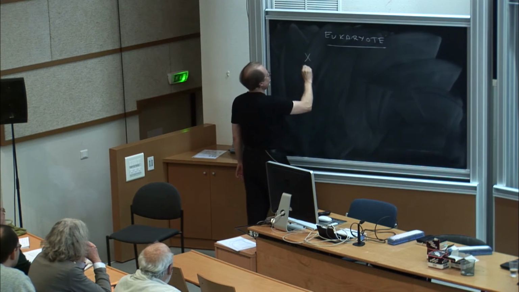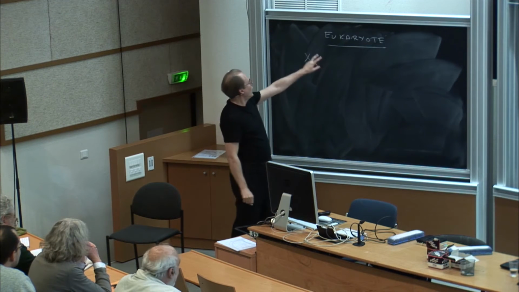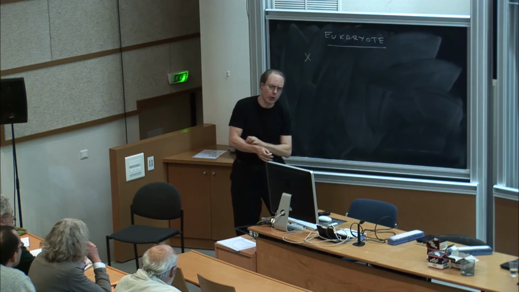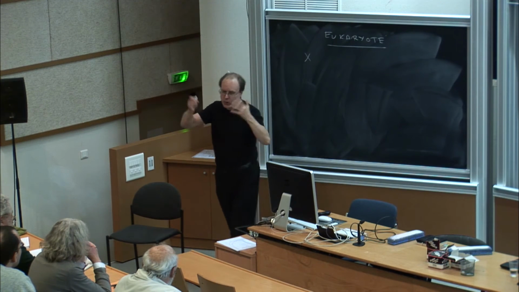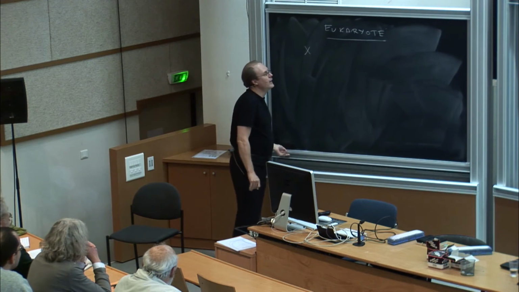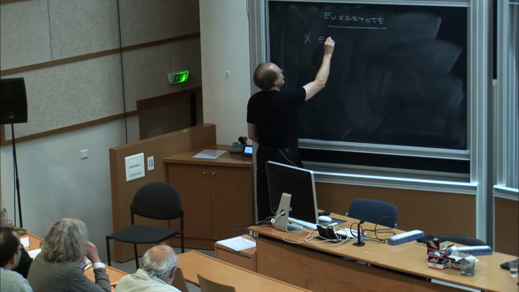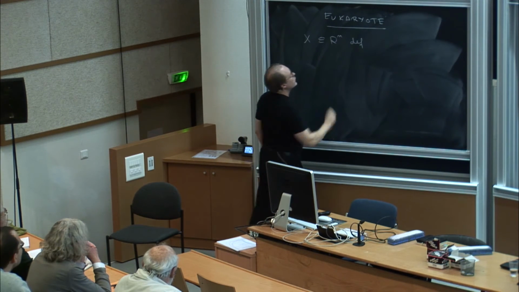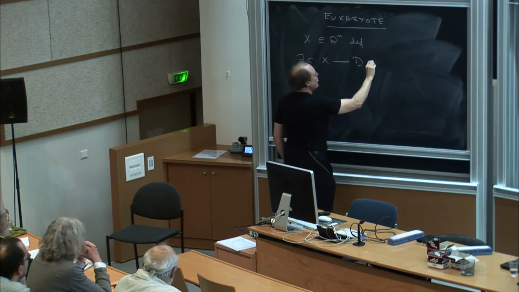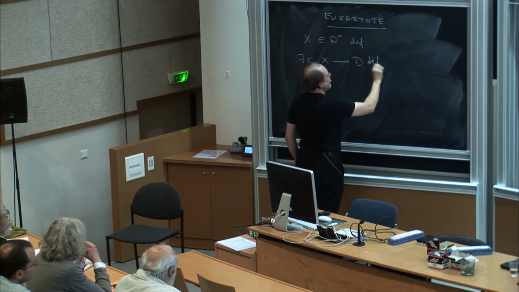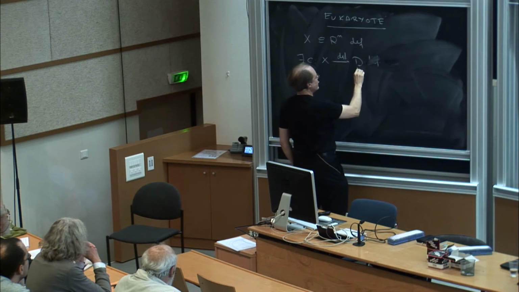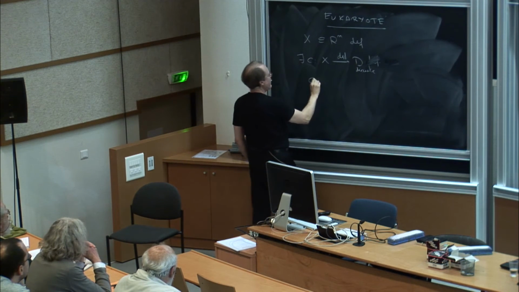So I call X eukaryote. Eu is well, right? And karyo means cell or core, center. So well-centered, well-cored, well-celled, something like that. So a definable subset X is eukaryote if there exists a definable map C from X to D, where D is discrete, such that the fibers are cells.